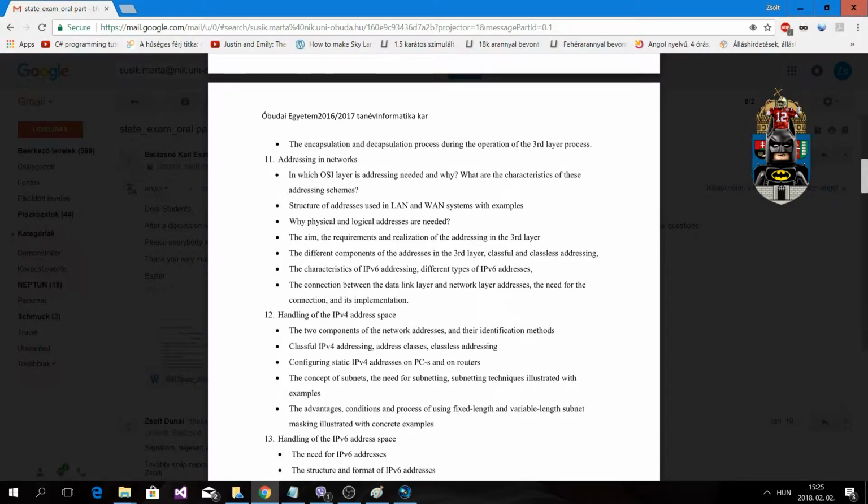They will get a class C. They will get more than 250 IP addresses, but there are only 10 workers. So let's say that they will use maximum up to 20 IP addresses, so they are going to waste more than 200 IP addresses. This was the death of classful IP addressing, that it wasted a lot of IP addresses.